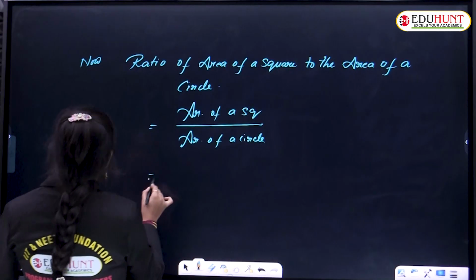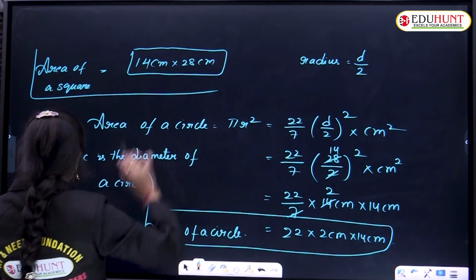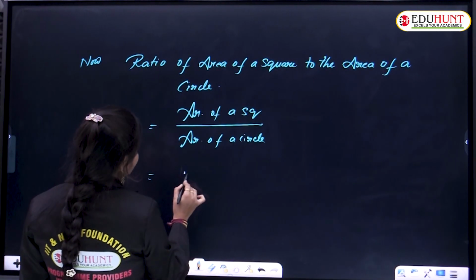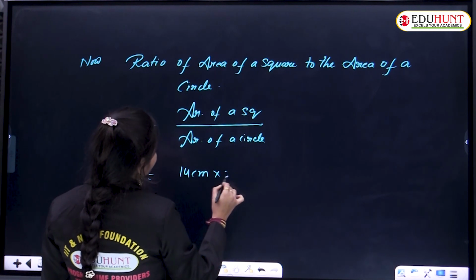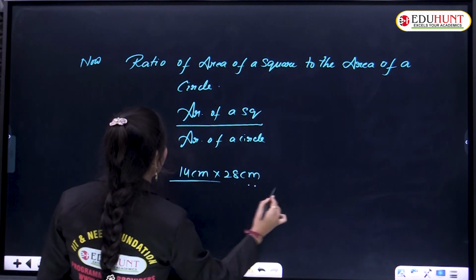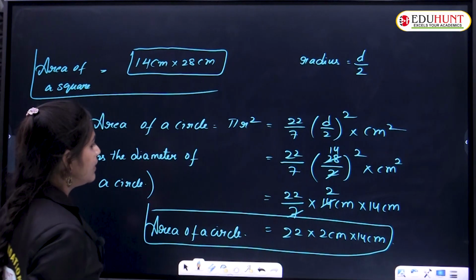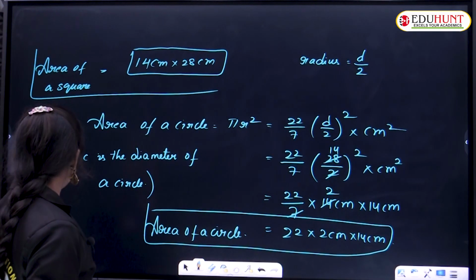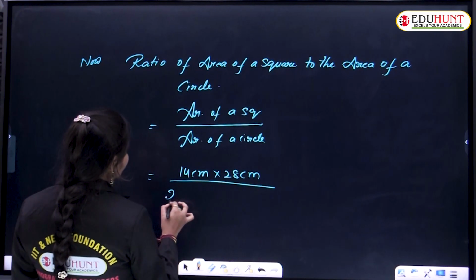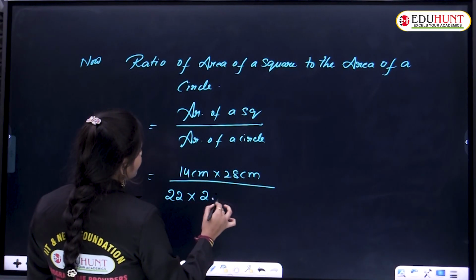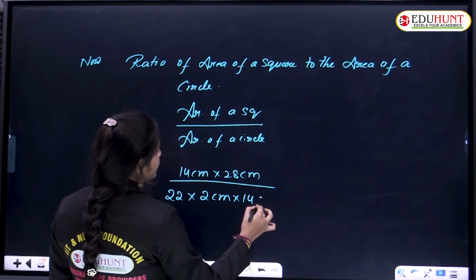Area of a square, what we got here: 14 centimeters into 28 centimeters, whole by area of a circle. Area of a circle, how much we got? 22 into 2 centimeters into 14 centimeters.